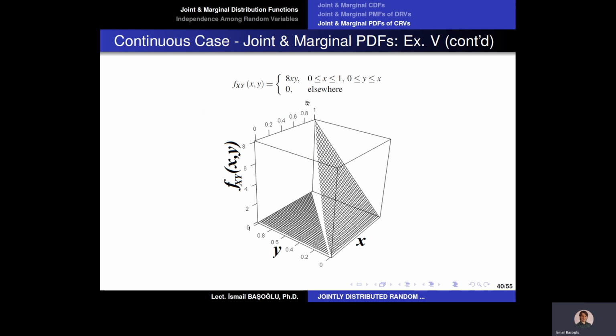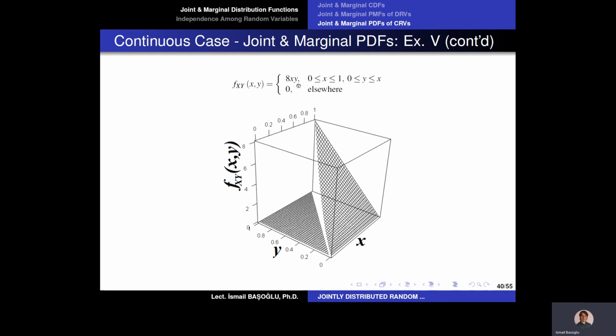Now, if we intend to draw this function 8 times x times y, you will see that it is going to have a shape like this. As you can see, in the unit square, in the region where y is taking greater values than x, the PDF is equal to 0. So this 8 times x times y is only defined in the region where x is greater than y in the unit square.